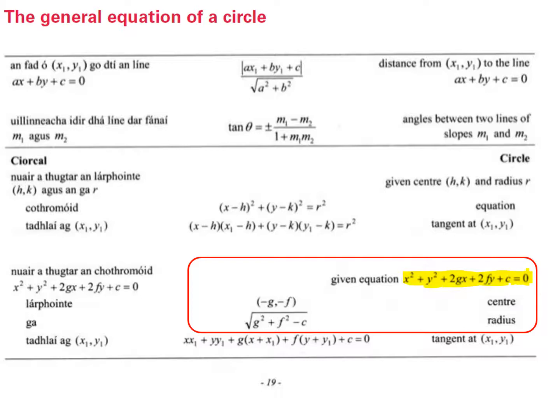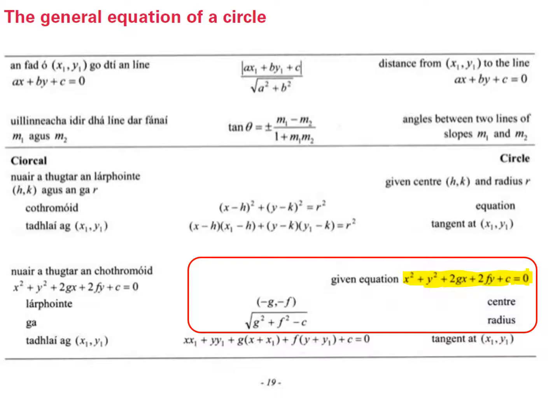So it's like if you multiply it out. Now it does have different letters because the formula above used h, k and r. Here they don't have an r, and instead of h and k they deal with minus g and minus f for its center. So when we're given the equation in that form, we're able to work with the center, and that will be (minus g, minus f), and we're also able to calculate a radius.